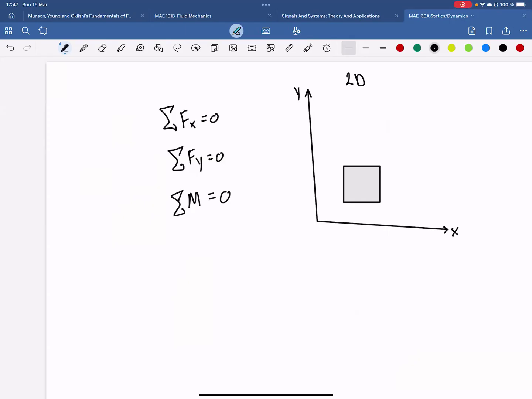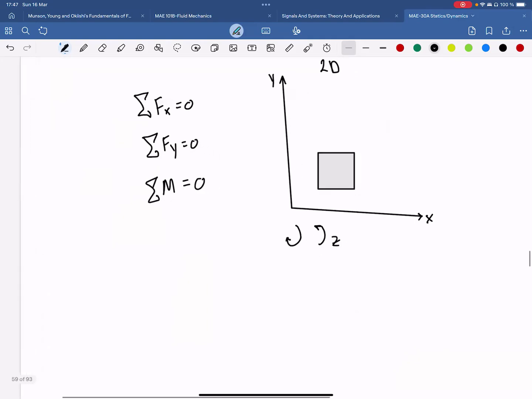Wherever your thumb is pointing, that will be the moment around that axis. So in a 2D problem, you can only have one moment, the moment around the z-axis, right? You could say that the moment is either clockwise or counterclockwise, rotating around the z-axis.